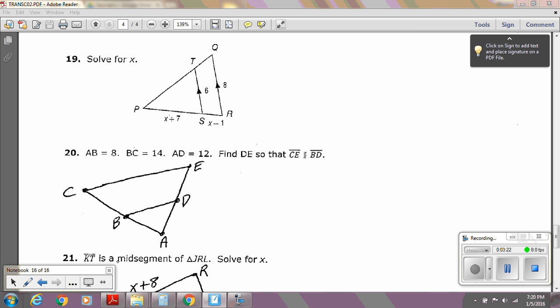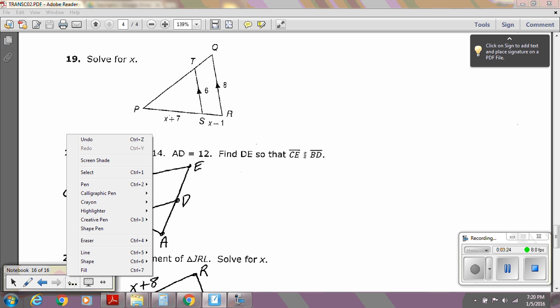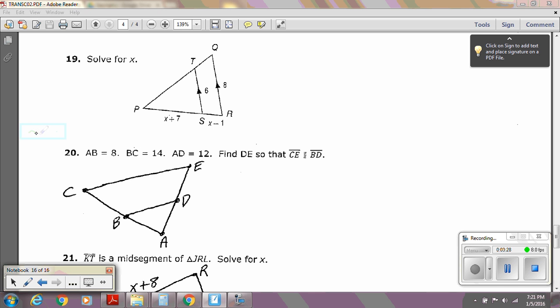On number 20, we probably want to label the sides first. AB is 8, BC is 14, AD is 12, and we're looking for D. So on this one, we can do part over part equals part over part.